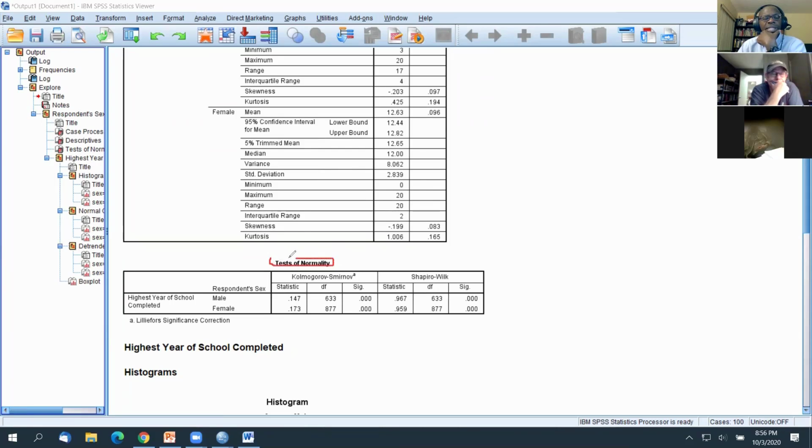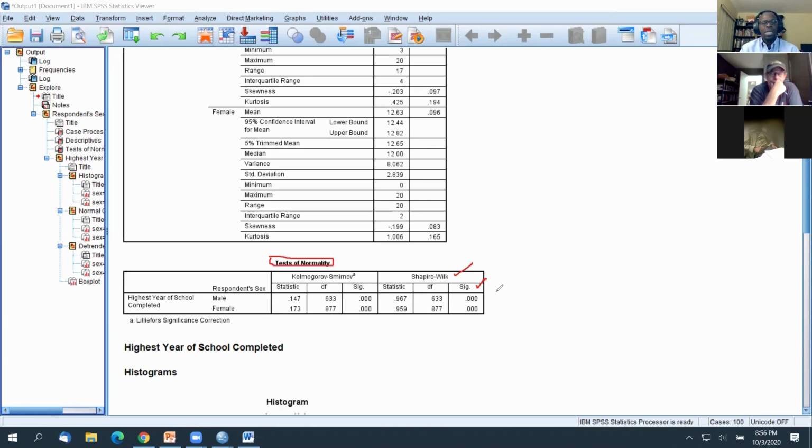Specifically, we're interested in the Shapiro-Wilk. According to this, it's essentially asking us a simple question: is there a significant difference in the distribution of education scores for males between the normal distribution and the distribution of males?